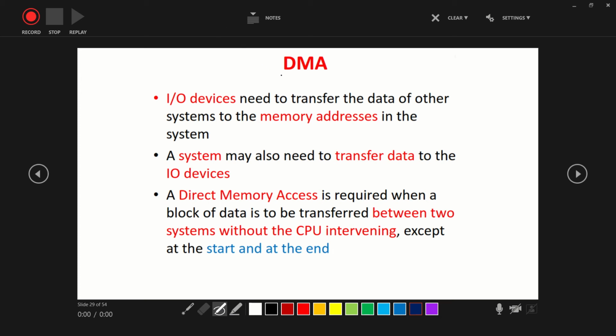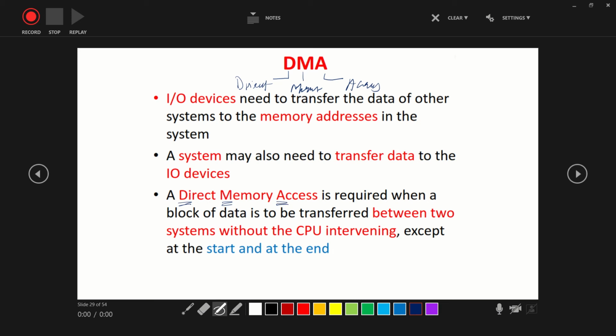D denotes direct, M denotes memory, and A denotes access: direct memory access. This is the word D, M, and A.